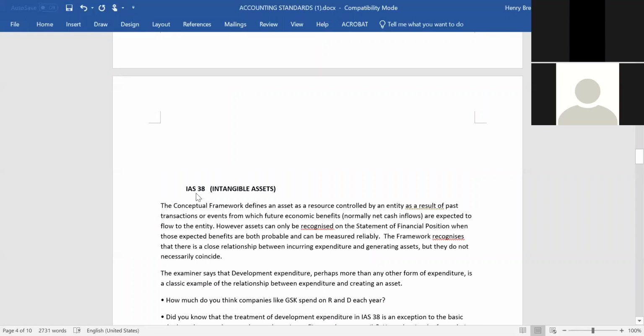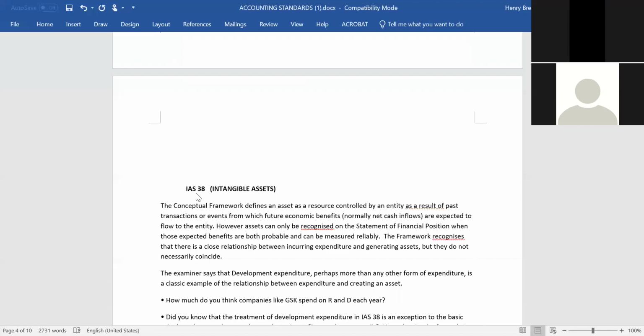These assets are also recognized on the face of the statement of financial position as part of the non-current assets. They are assets, but they are intangible. In the case of property, plant and equipment, IAS 16, we depreciate properties. We only have an exemption: land. We do not depreciate land. Whatever value of land that we have is still going to be the same, but land may instead appreciate.